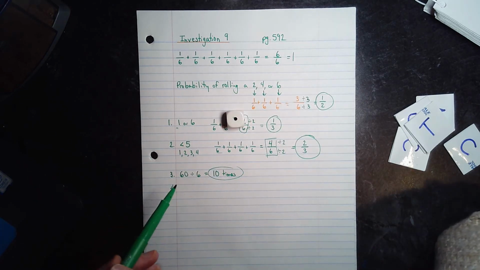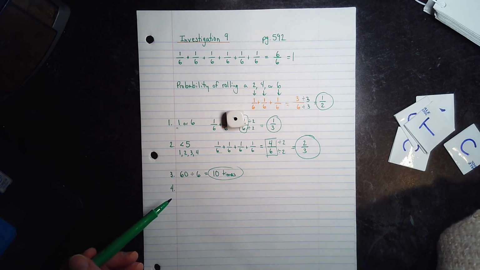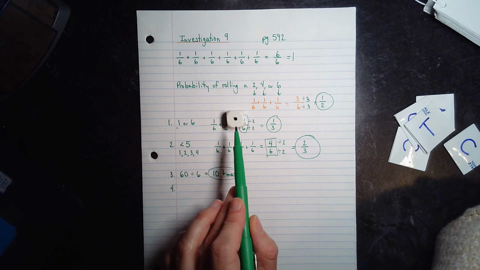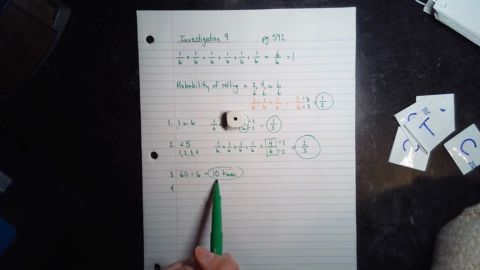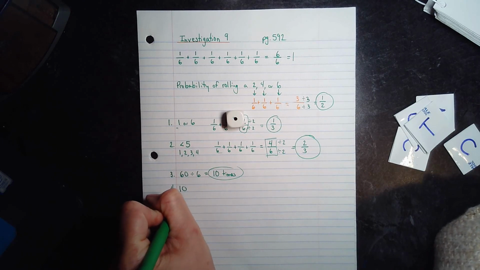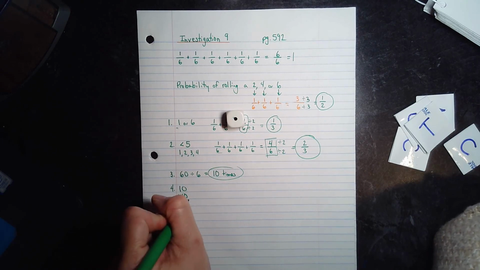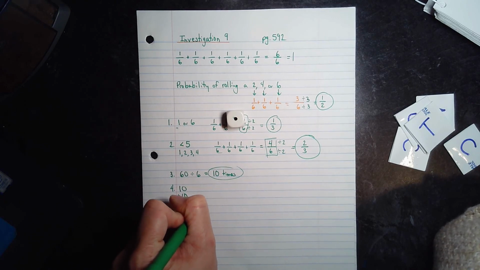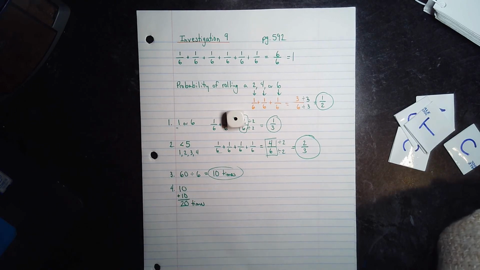No, I'm explaining that wrong, sorry. Chances of rolling a 1 are probably about 10 times. Chances of rolling a 6 would be another 10 times. It's like 10 times for the 1 and 10 times for the 6. And so our prediction is that we would get it about 20 times.